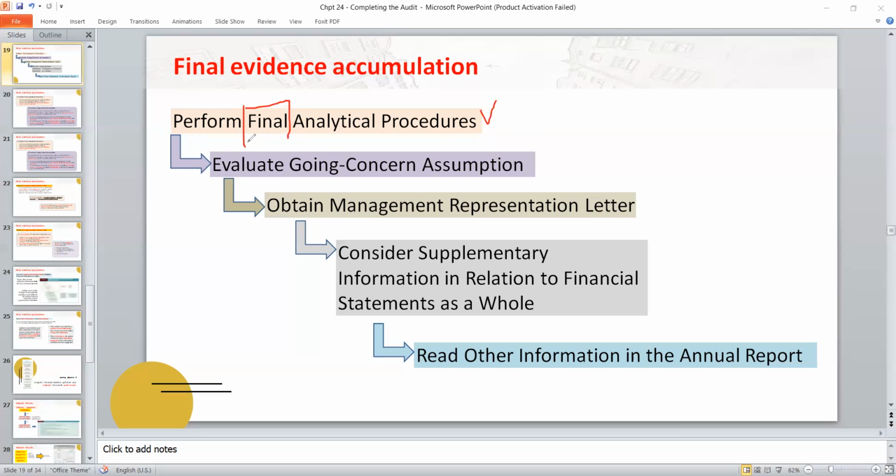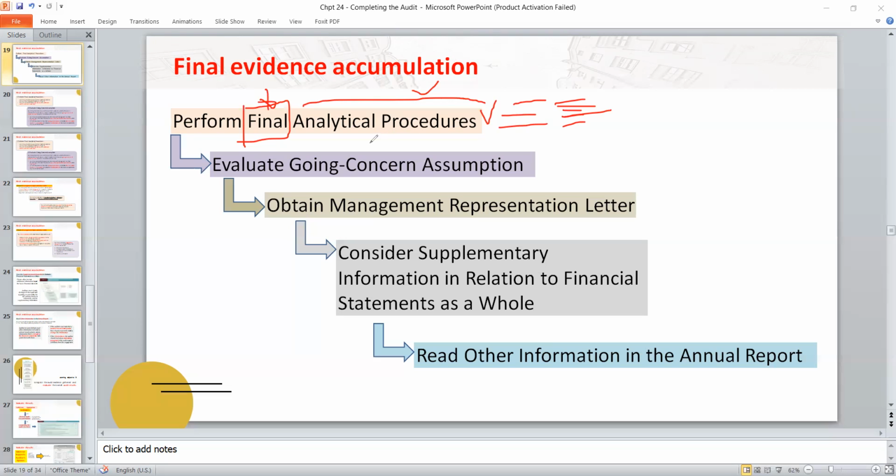Final means the amounts in the financial statement are already adjusted from the adjustment journal, and you will make an analytical procedure for the final number after adjustment, and you will see if there is any other possibility of misstatement or something like that.